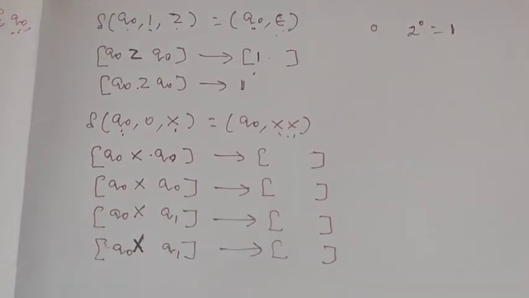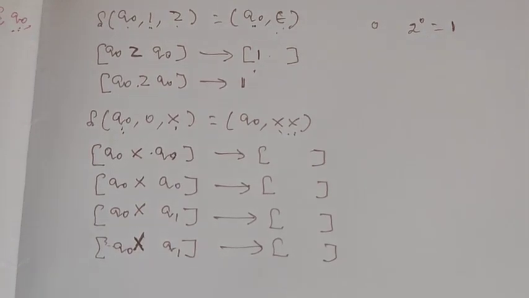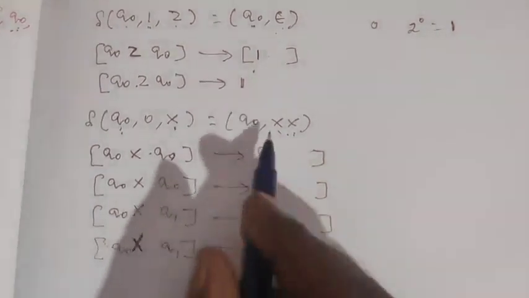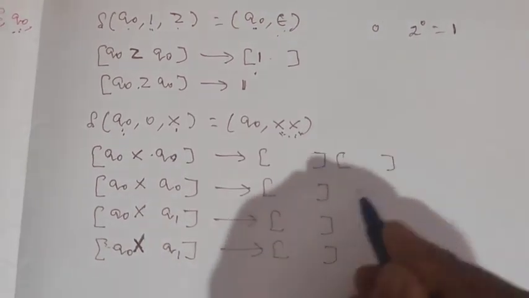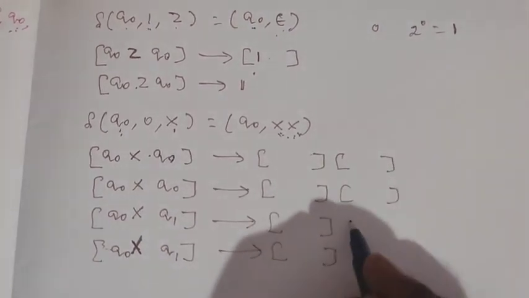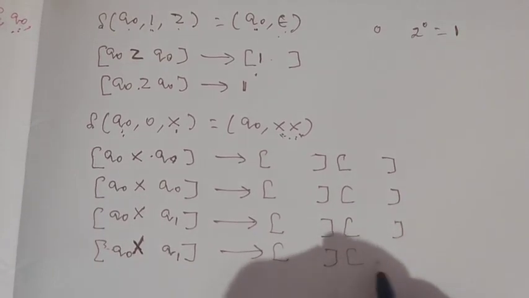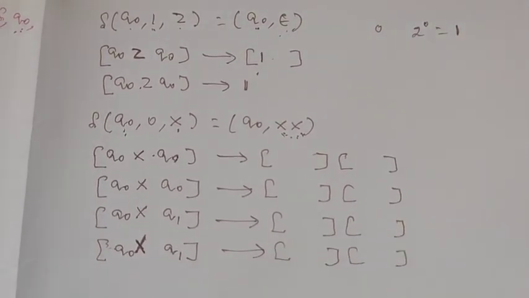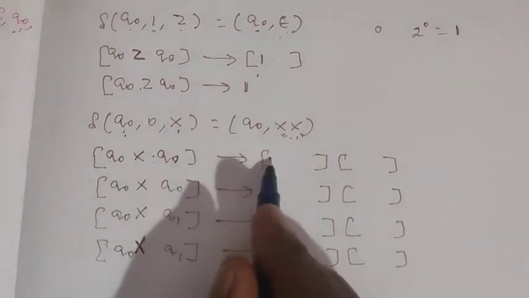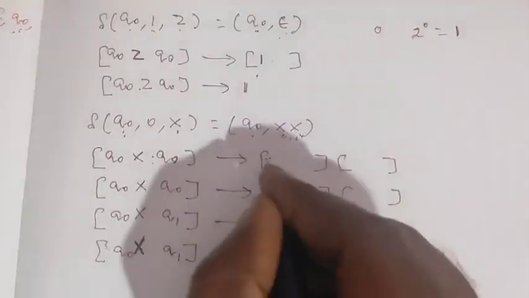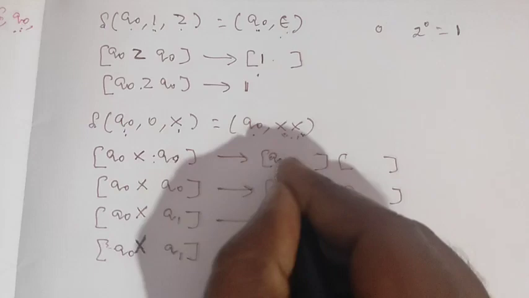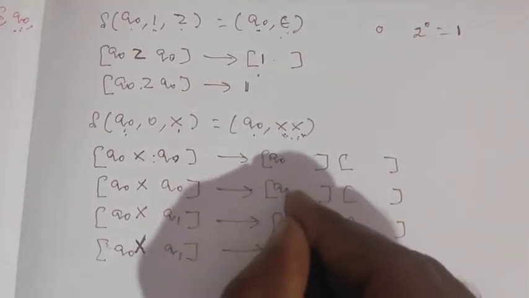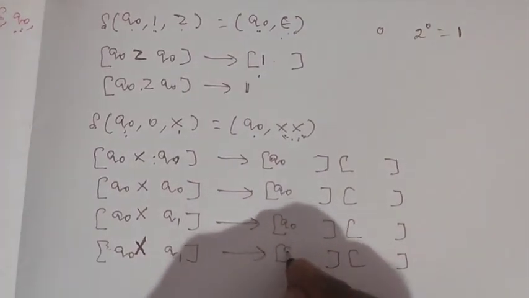Since we have 2 inputs here, we have to have one more symbol like this: one is for the first X and another is for the second X. Now what is the output here? It is Q0, Q0, Q0, Q0.